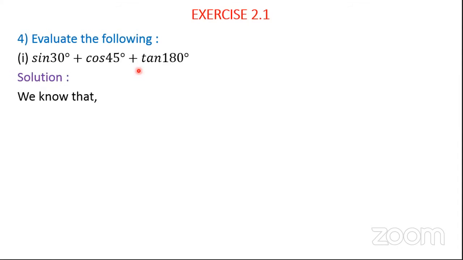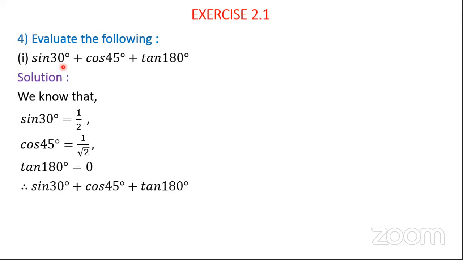For that, we must know the trigonometric function values of all the angles. Sine 30 degree is 1/2, cos 45 degree is 1 upon root 2, tan 180 degree is 0.